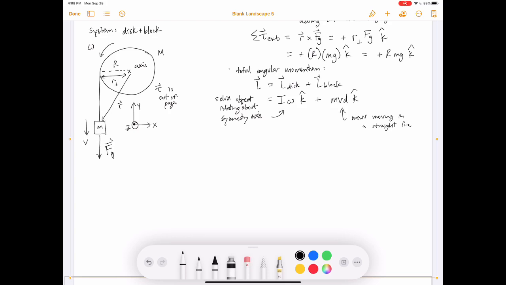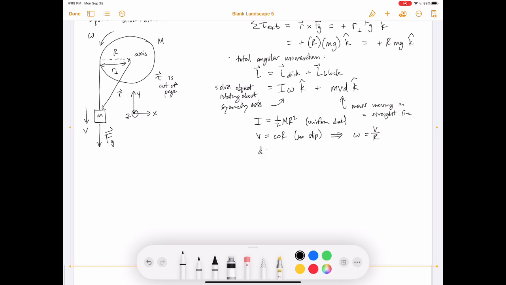Okay, so let's make a couple substitutions into that. First, I is equal to 1/2 times big M times big R squared. That's a uniform disk. That's the moment of inertia. We also have v equals omega R. That's the no slip condition, which will give us omega is equal to v divided by R, like that.